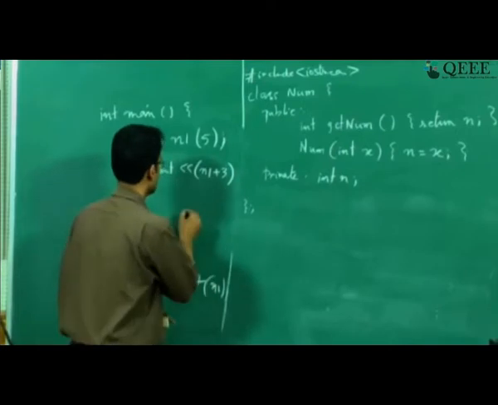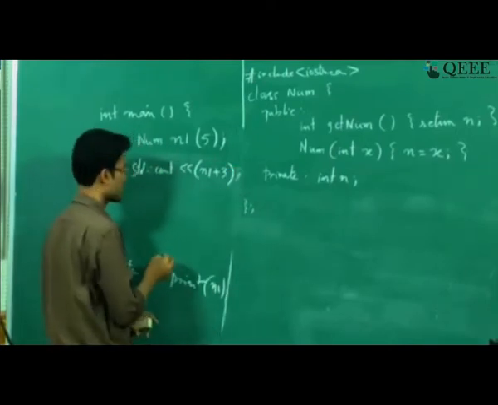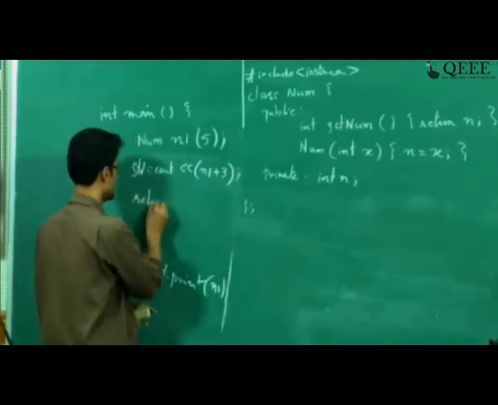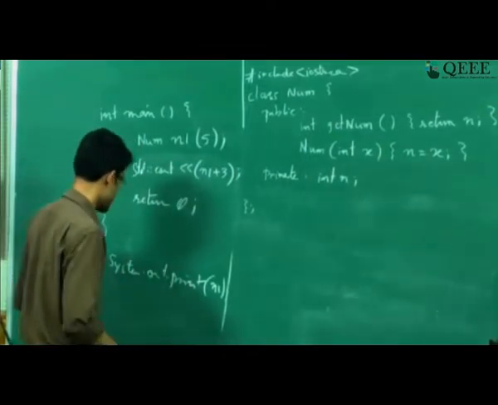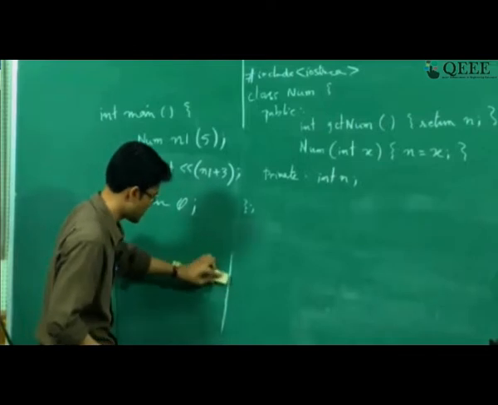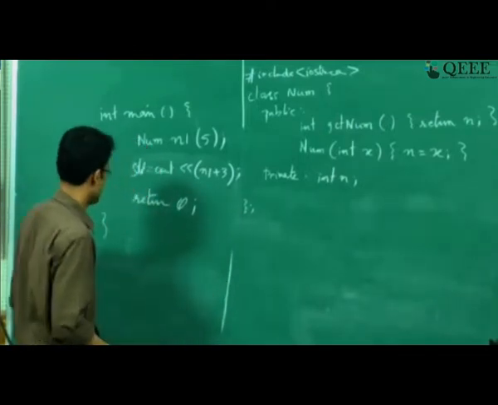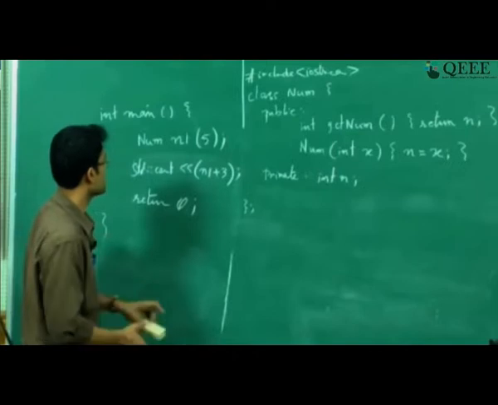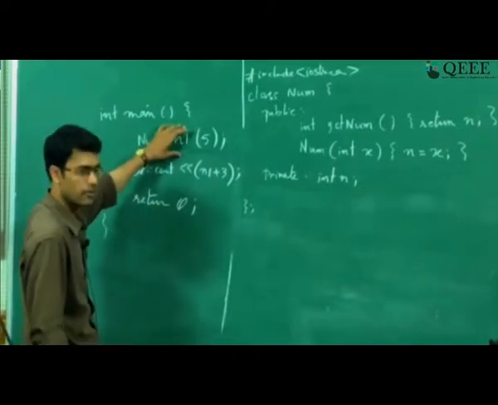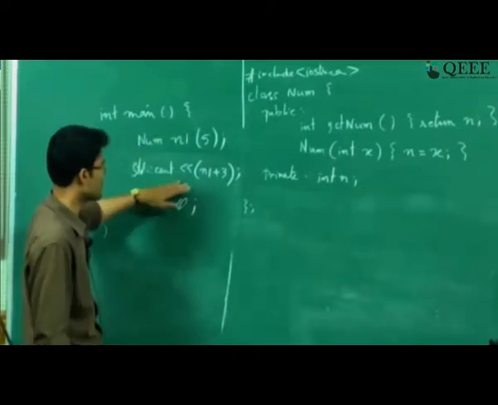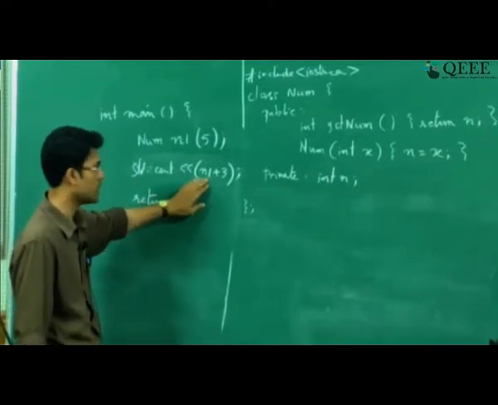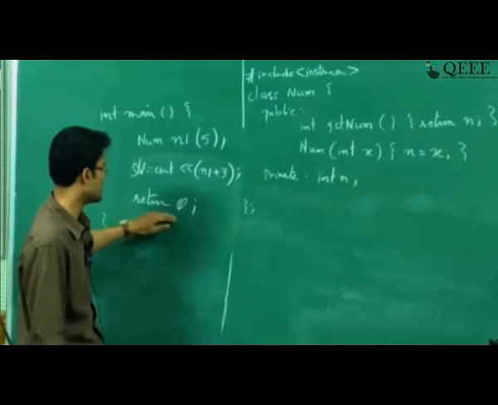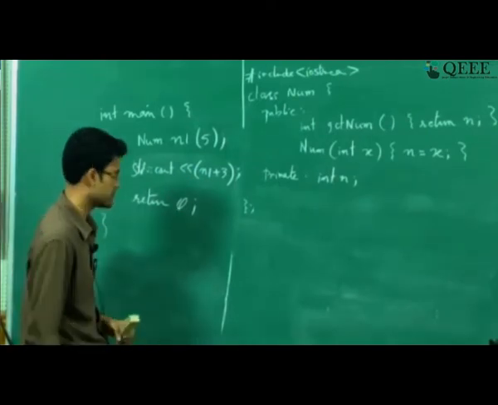And then return 0. Yeah, so this we can remove now. This is a Java specific example, right? So the main is defining again Num, a variable of type Num. It's going to invoke an operator plus on n1, which we need to define, and then return 0, right?